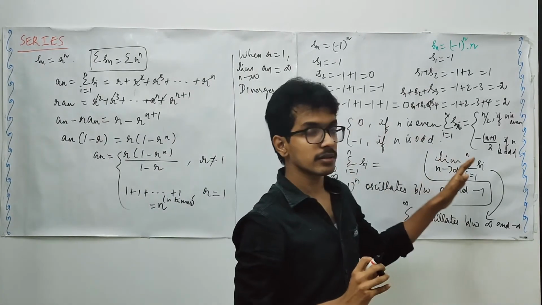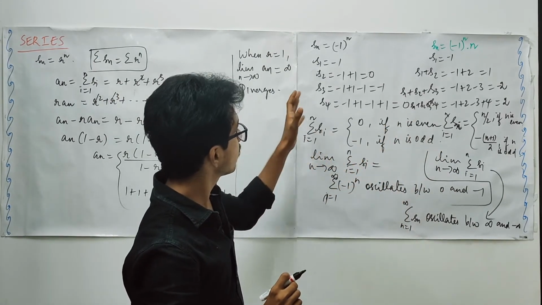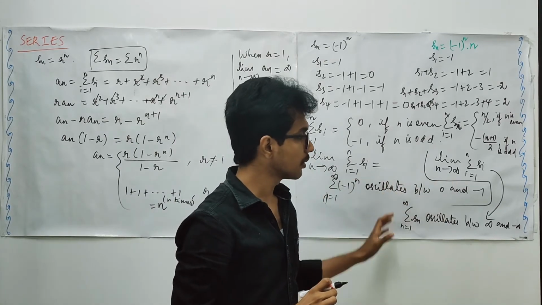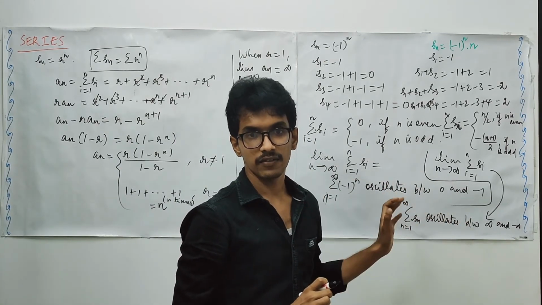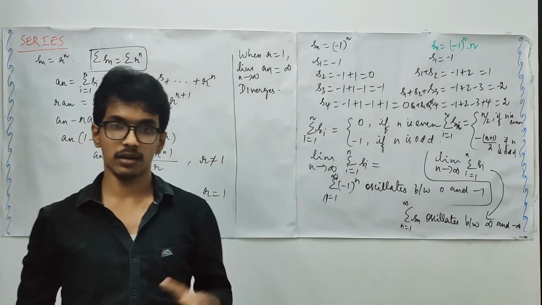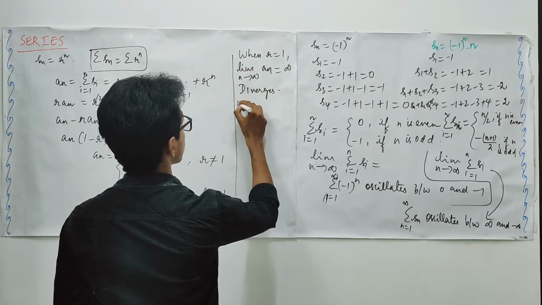These two examples show a series which oscillates between finite limits and one which oscillates between infinite limits. Here, in the same example, I am going to give you plenty of options.